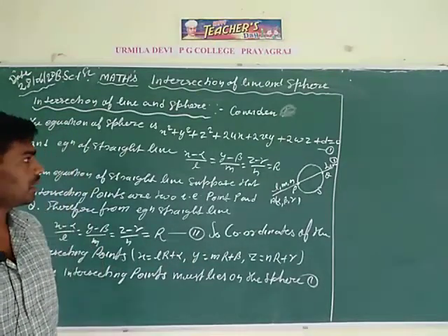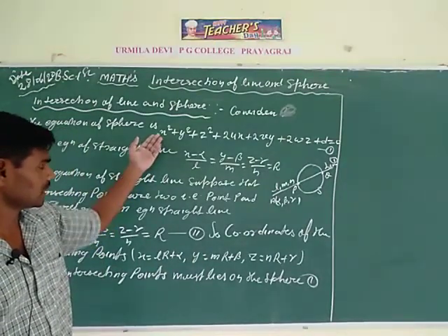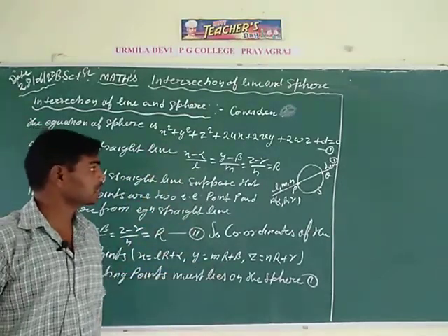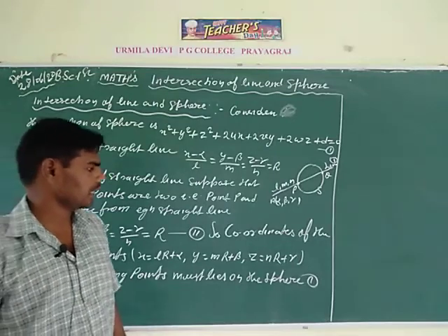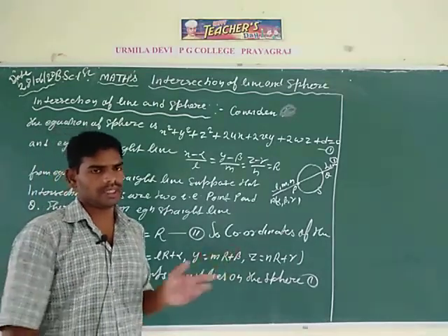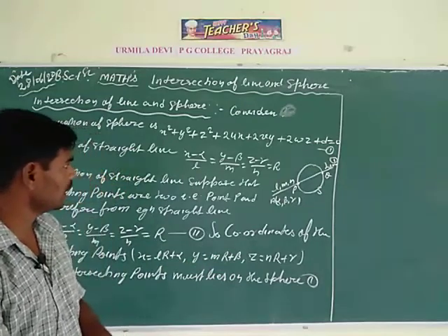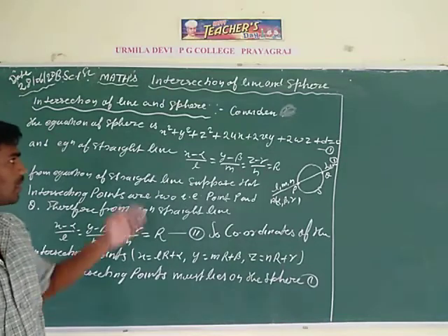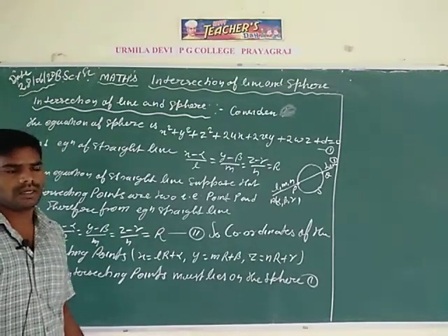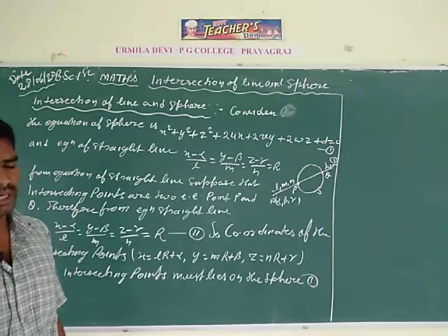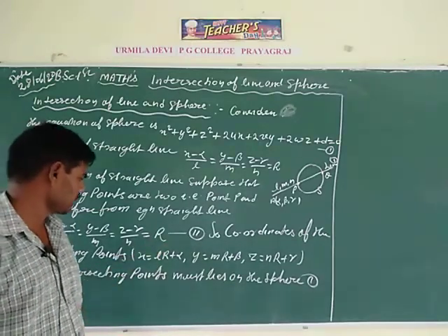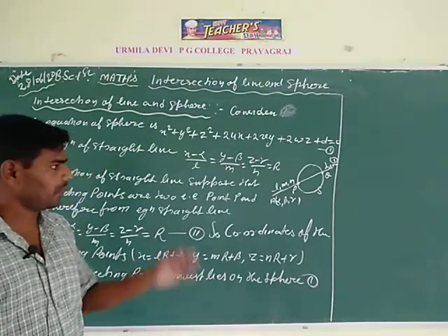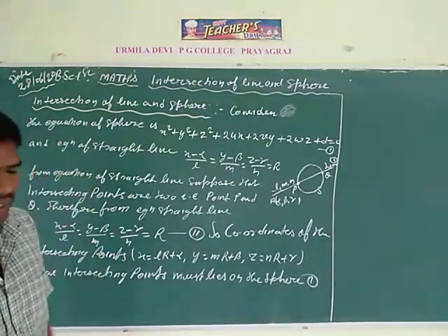So here in this first equation, x is replaced by lR plus alpha, y is replaced by mR plus beta, and z is replaced by nR plus gamma. Replacing these values of x, y and z, you can calculate the value of R. Here this is a quadratic equation in capital R. There are two values of capital R, and after putting these values of capital R, you can calculate the coordinates of points capital P and capital Q, means the intersecting points.